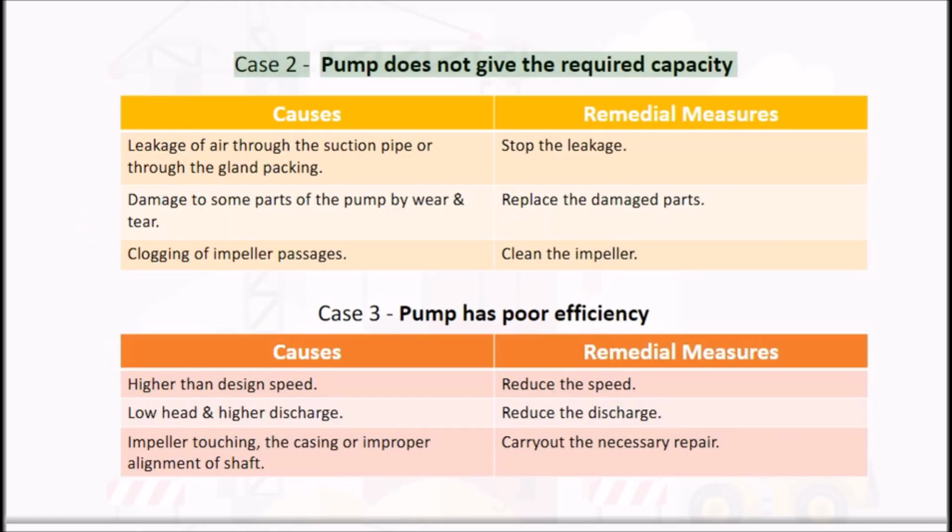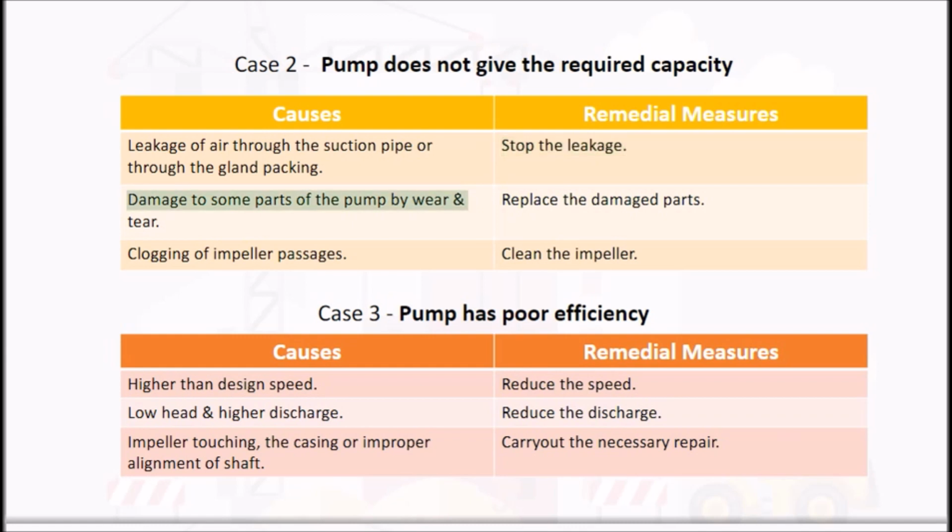Case 2: pump does not give the required capacity. Case 3: pump has poor efficiency. Causes and remedial measures. Leakage of air through the suction pipe or through the gland packing: stop the leakage.